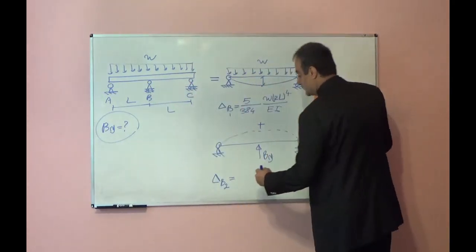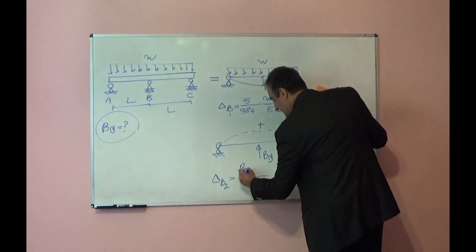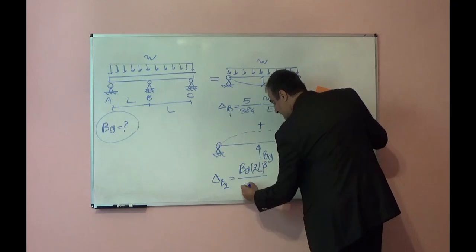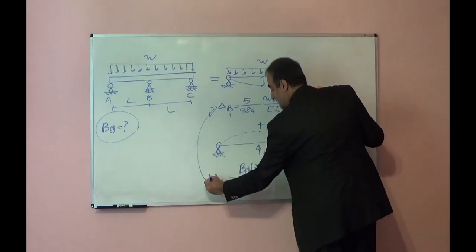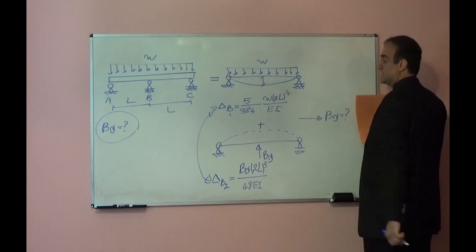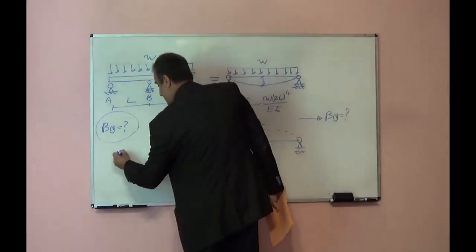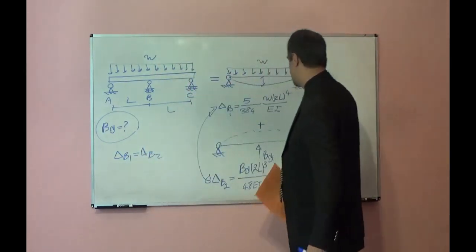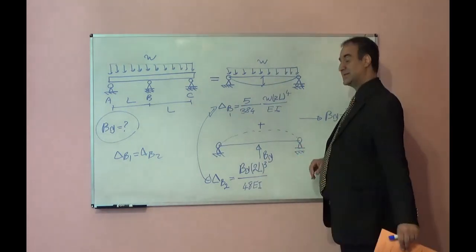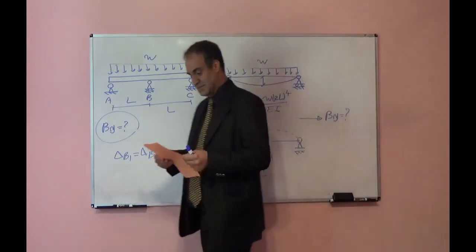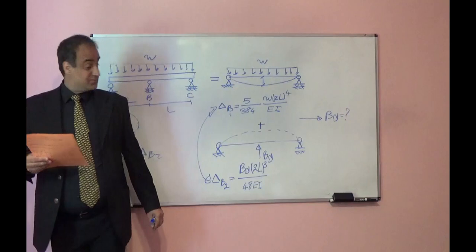What is delta B2? It will be force By times the length of the beam, 2L cube over 48 EI. If you set these two equal, from here you can find By, because delta B1 should be equal to delta B2. If we cancel EI from both sides, you can simplify more and find By. Next example.